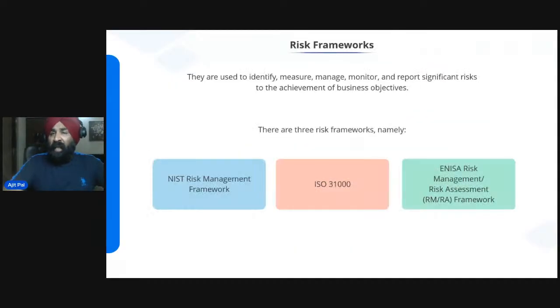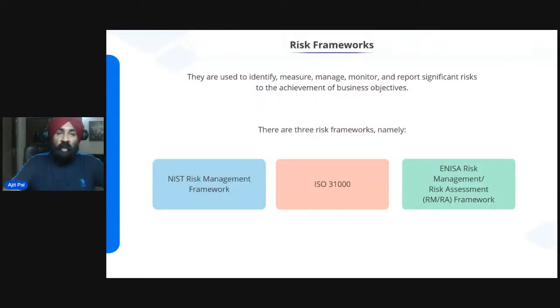There are many risk frameworks available. I would say I've not seen a lot of organizations following NIST, and ISOs are very common, but mostly in ISO 27001 they have controls for risk assessment and mostly organizations follow that. But if you really want to follow, ISO 31000 is good.